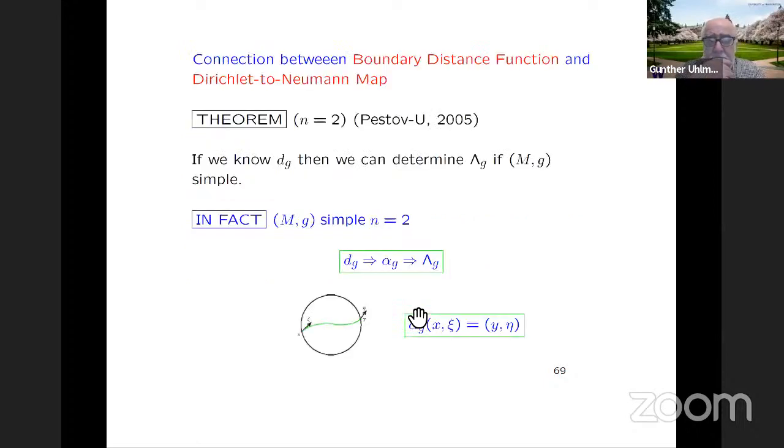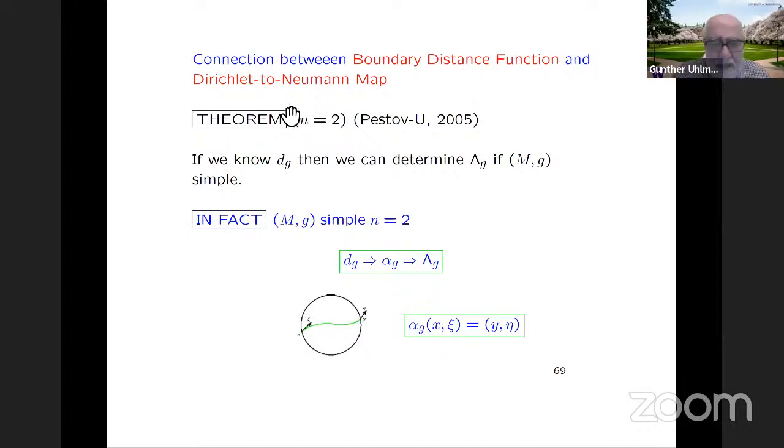How is that? Is to show that from the distance function, again, if it is simple, it's the same as the scattering relation. Right? These are equivalent if the manifold is simple, but from the scattering relation in the simple case, we can recover the Dirichlet to Neumann map. That's the key thing.